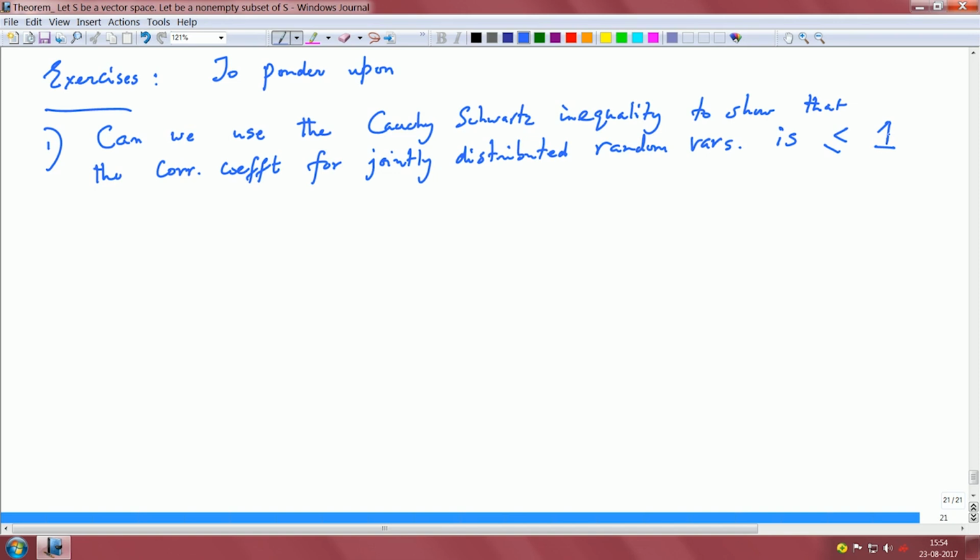I would say the absolute value of the correlation coefficient for jointly distributed random variables is less than or equal to 1. So, correlation coefficient can be -1 or +1 on the 2 extrema, and then it has to be between -1 and +1, right. So, now I want you to use this trick that we just derived.